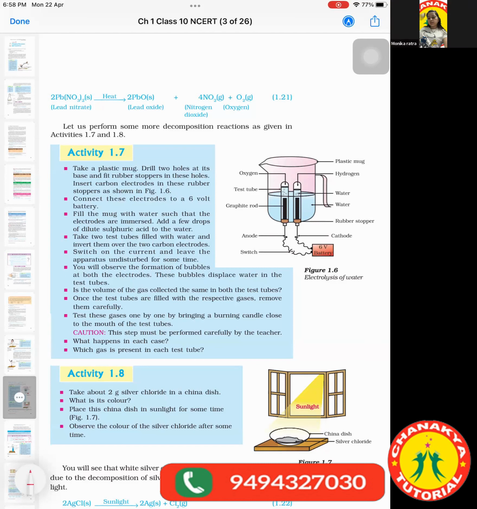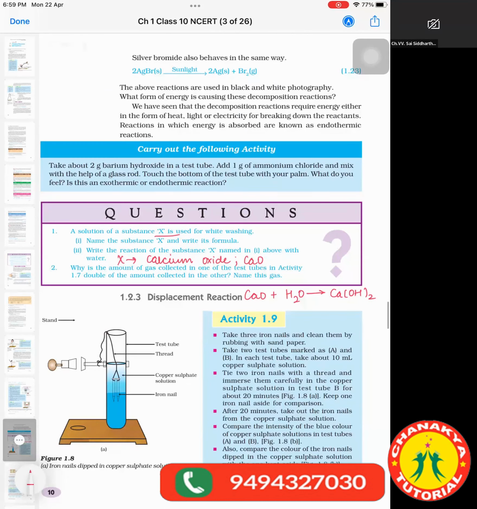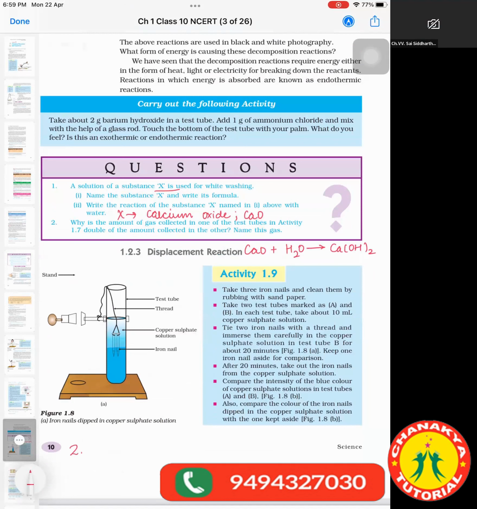Yes, Sai, you can try. Ma'am, positive hydrogen particles come around the negative cathode, and the negative oxygen molecules attract. No, that's not the correct answer. Yes, Subhanshu, you can try. The composition of hydrogen and oxygen is in the ratio of 2:1.